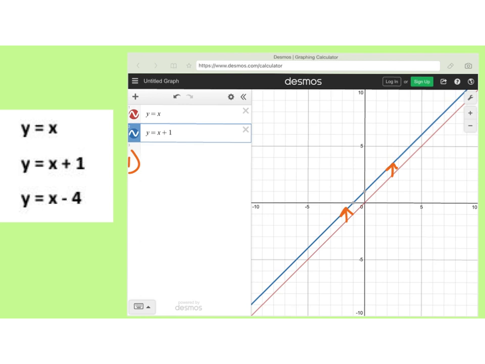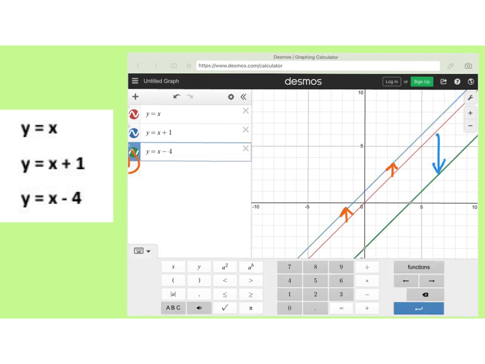That's right. It shifted down 4 from the parent function. So this is a down 4. And it would help if I put an N. I knew that looked funny. So that's down 4.